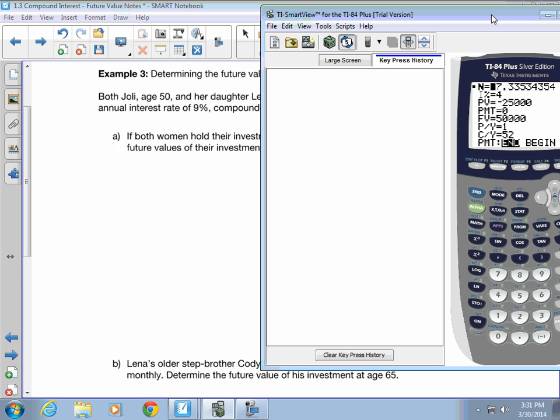So our number that we are looking at, so our N, remember, is the number of compounding periods that we have. For Jolie, she's going from 50 to 65, so she's got 15 years that she'll be doing it for.